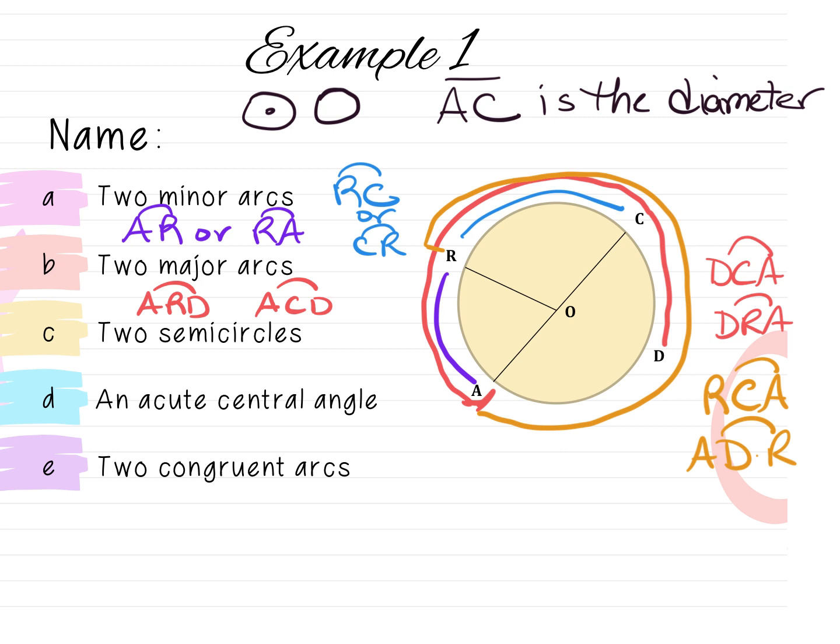Now, the semicircle arc, the endpoints of that semicircle arc are going to be the endpoints of the diameter. So remember, we were told that AC was the diameter. So here's my diameter.